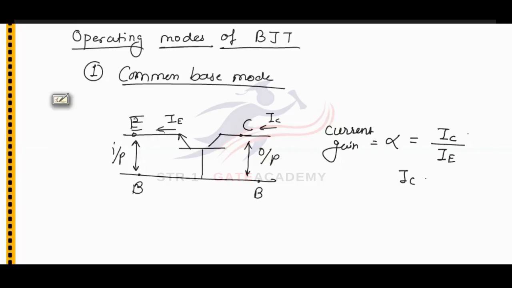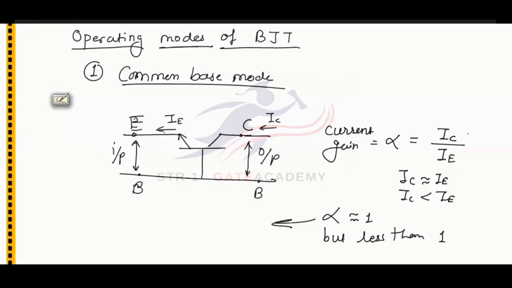IC and IE both are nearly equal, but IC is less than IE. So I can conclude that alpha is nearly equal to 1 but less than 1. This alpha we will call the current gain of common base BJT.